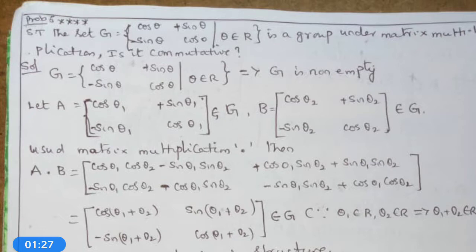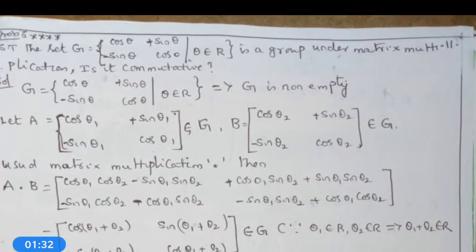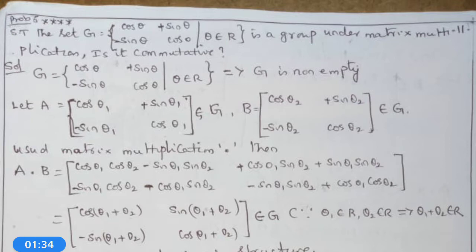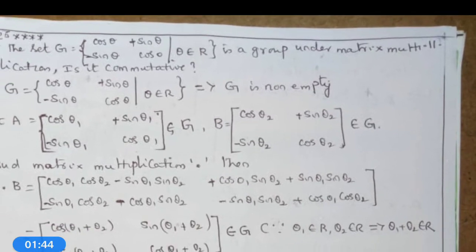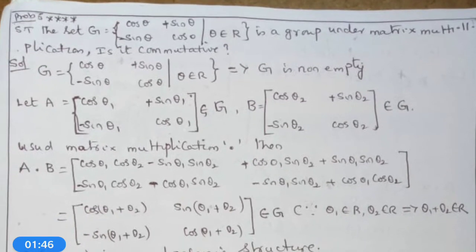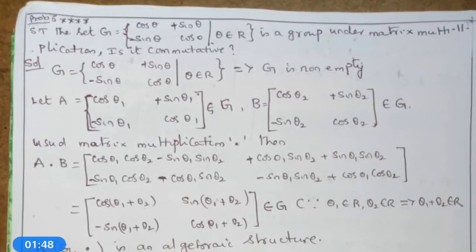Now we go to the problem. Show that the set G equal to the set of 2 by 2 matrices cos theta, sin theta, minus sin theta, cos theta, such that theta belongs to R, is a group under multiplication, and hence is it commutative.